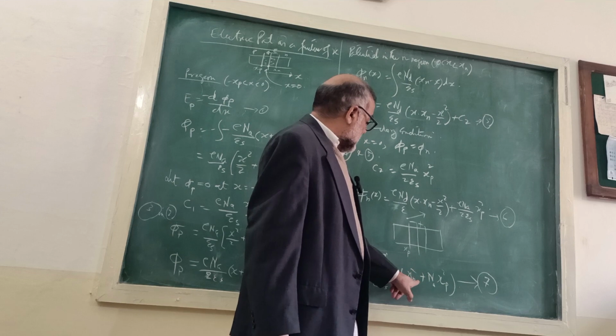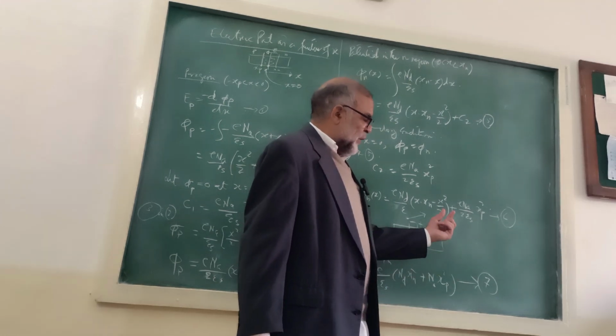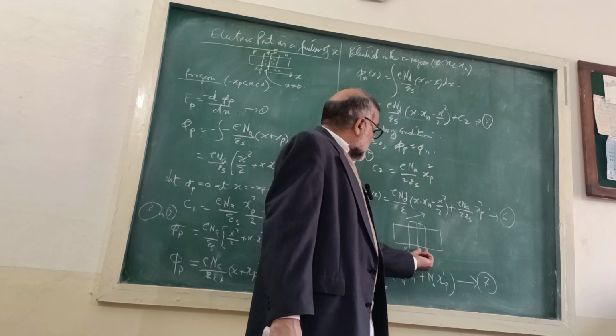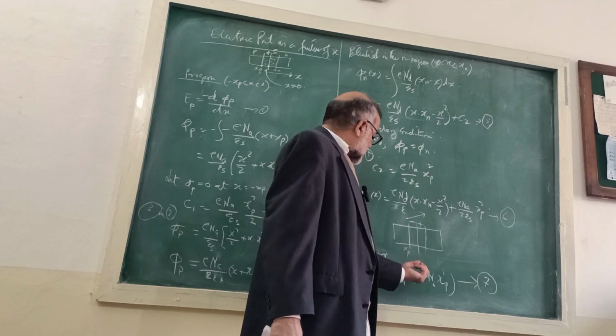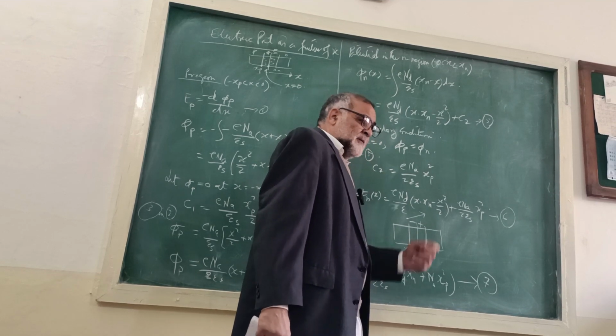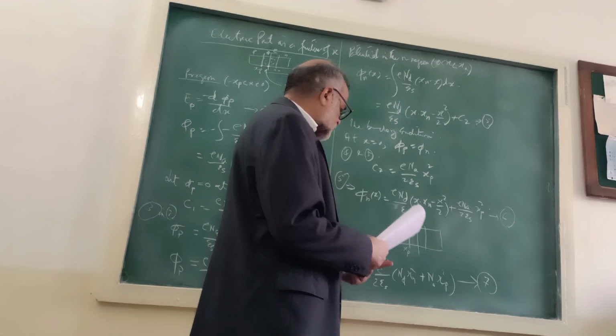It is a function of the width of the space charge region of the n side. This is xn, and xp is this. The n side is this whole part.